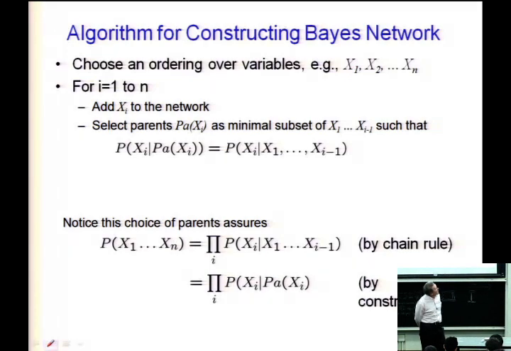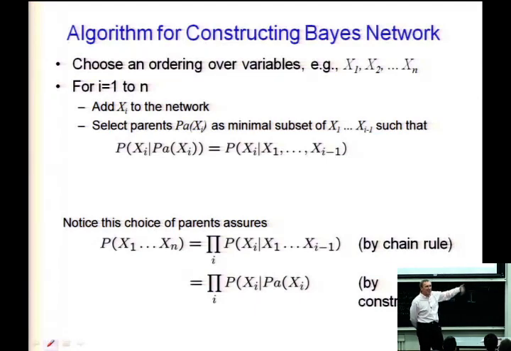Basically, we choose an ordering on the variables that we're interested in the joint distribution of. And then we add one of those variables to the network. We ask ourselves, what does that depend on? And then we just add in their parents, and then we pick the next one.